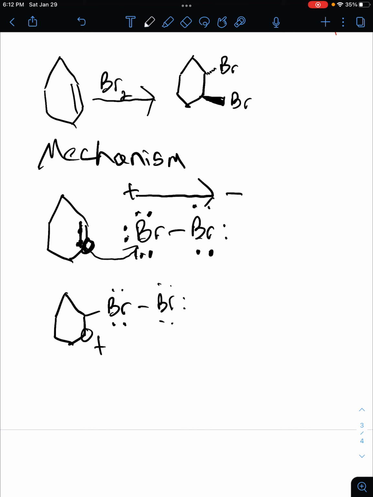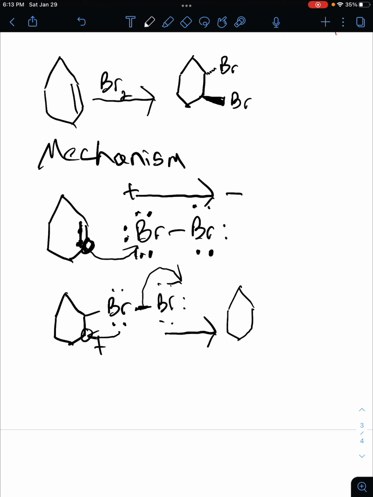So this other pair of electrons is going to attack this positive charge. And when it does that, these electrons that form the bond between the two bromine atoms are going to break, collapsing the electrons back onto this bromine here. So you're going to get this.